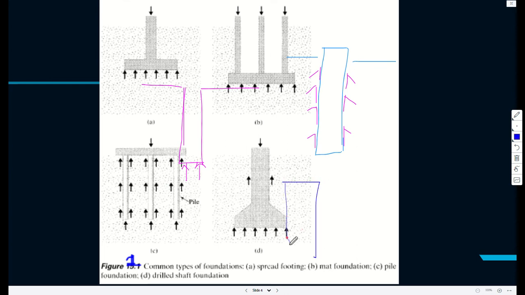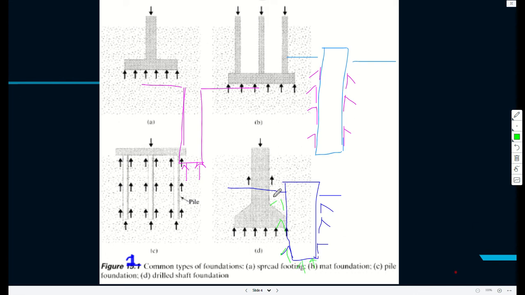Usually the load carrying mechanism is a combination of the two mechanisms, including both the skin friction and end bearing.